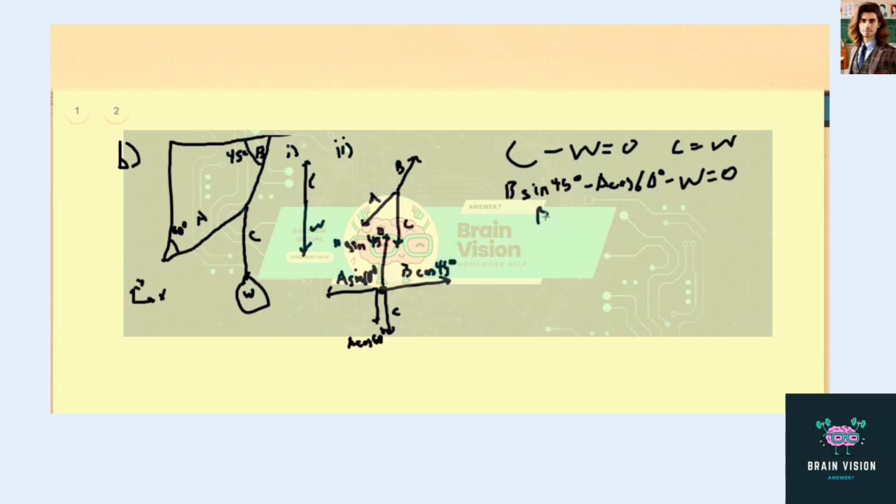So B sine 45 degrees minus A cosine of 60 degrees is equal to W. Then in another equation, we have B cosine of 45 degrees is the positive part, and the negative part of that is A sine of 60 degrees, and that would all be equal to 0.